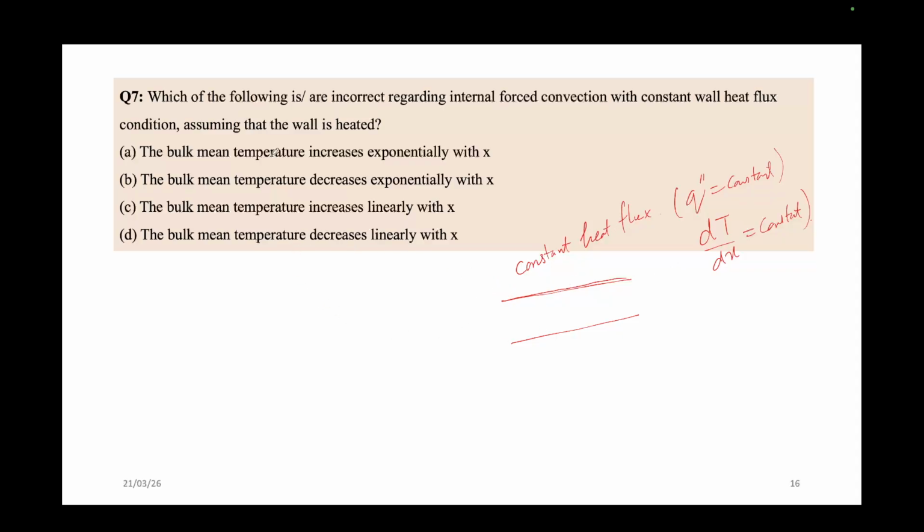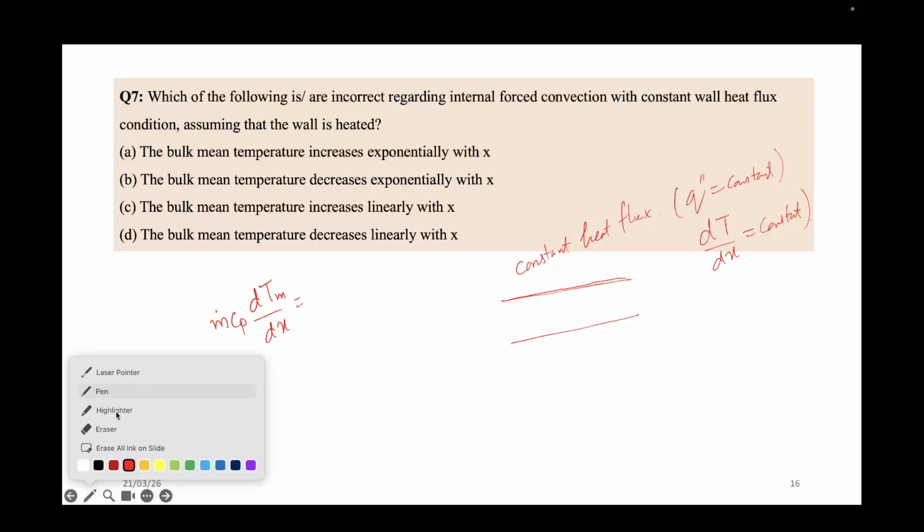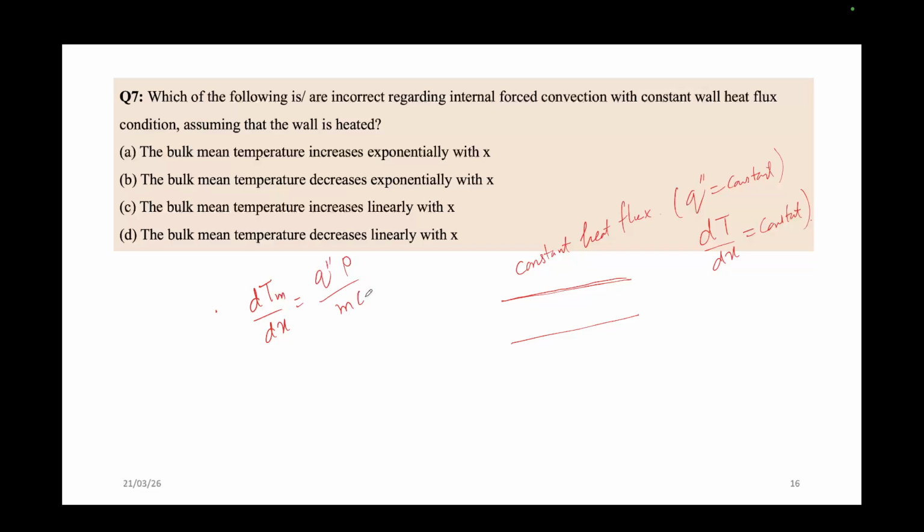If you go through the classes where Professor Chakraborty has done the derivation, for the scenario of P by m Cp, the condition is that dTw by dx and dTm by dx should be constant if it's a constant heat flux condition.